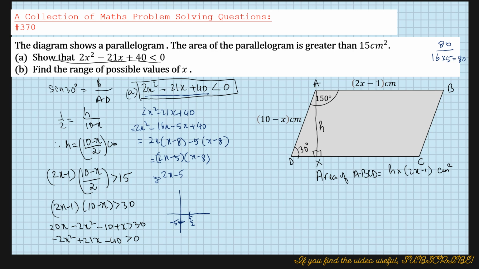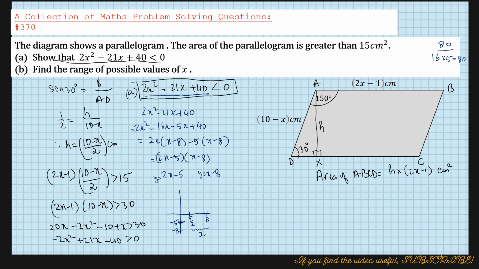And then the next one, if y is x minus 8, if x is 0, y is minus 8, so minus 8 could be somewhere here, right? And then if y is 0, x equals 8, so it would be here. So it's very clear that this is the range for x.